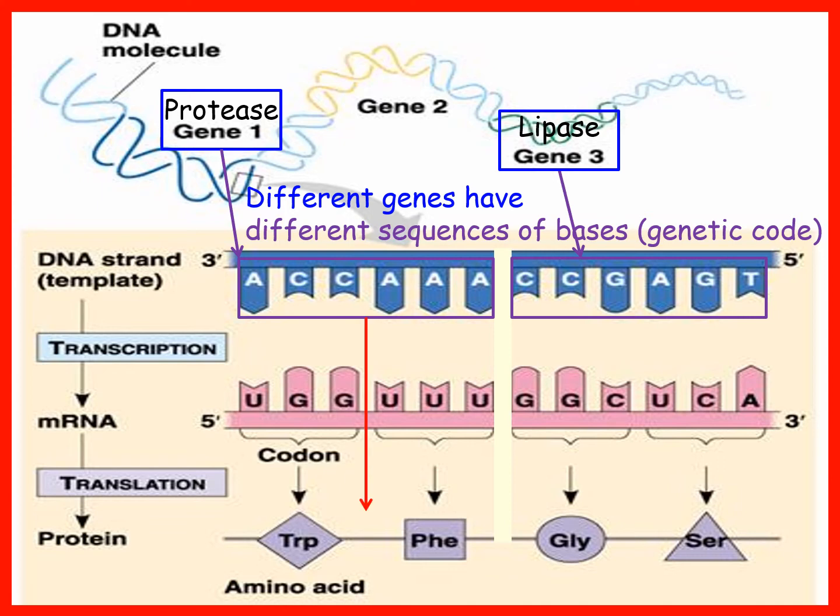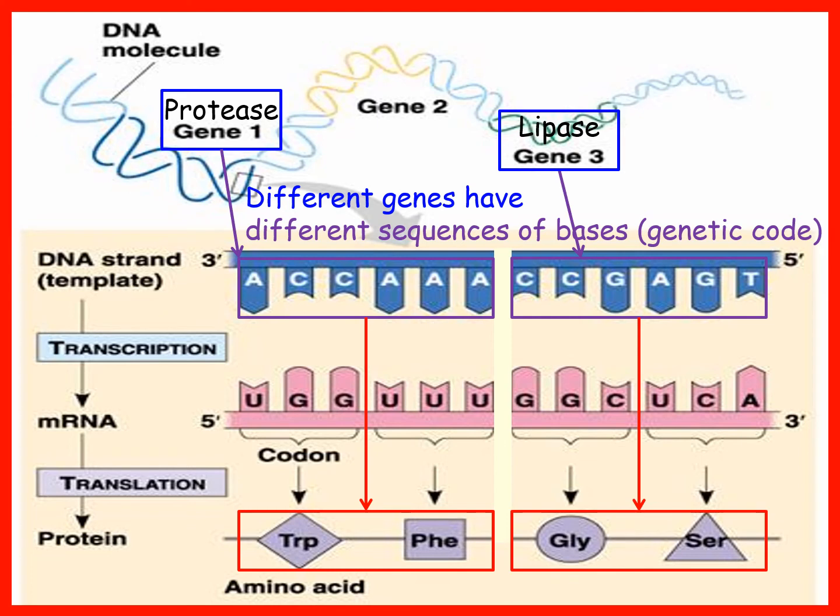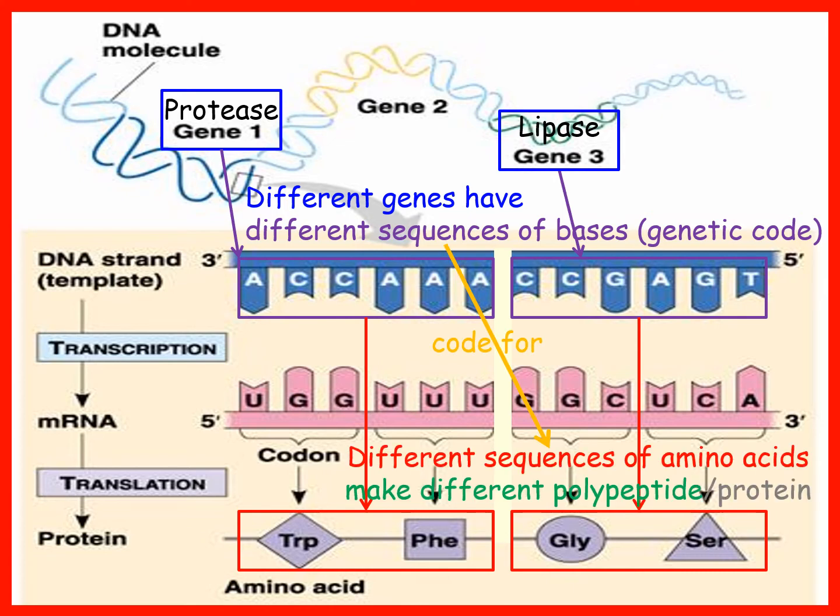And then after you make a copy of it, which is called mRNA, we then use that instruction, that genetic code, to put amino acids in different order. So you can see that the amino acid that we're putting in order is different in protease in comparison to lipase. And so by having amino acid sequence in different order, you make different proteins. So different sequences of amino acids therefore make different polypeptides, because we know that those amino acids will have different R groups.